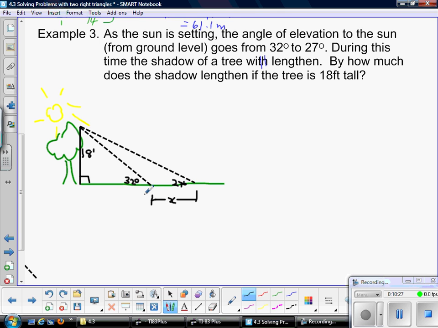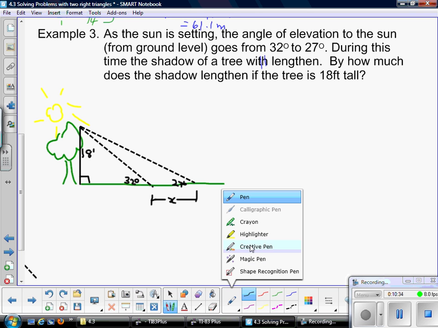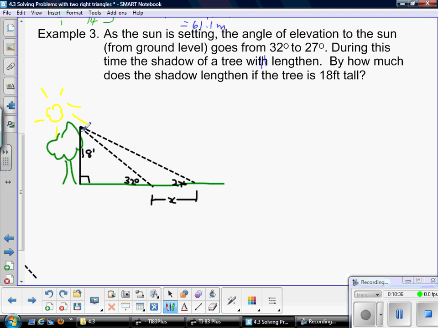Now my problem is here, I do have two right triangles, and I'm just going to use the magic pen just so that you can actually see it without it getting too cluttered. So here is one small one, and then there's another one. Notice they share that line there, the 18 feet. So we do have two right triangles. So I have to come up with some kind of plan to get the length of this.